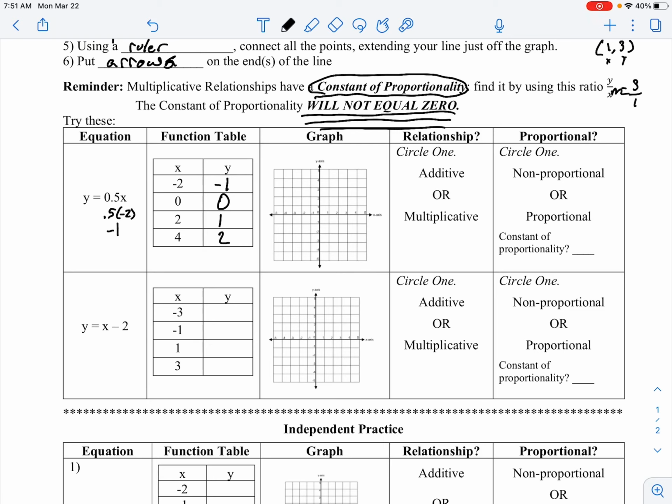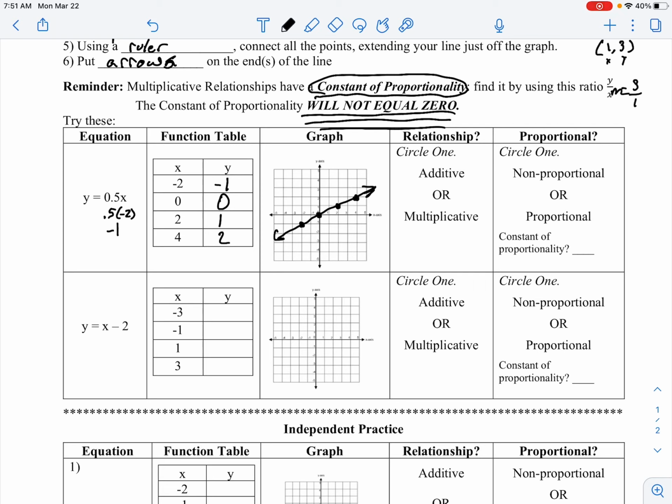And then if we plug in 4, we will get 2. So we're going to graph these points now. We've got -2 comma -1, a point right there, 0 comma 0, 2 comma 1, and 4 comma 2. So we're going to draw our nice straight line.